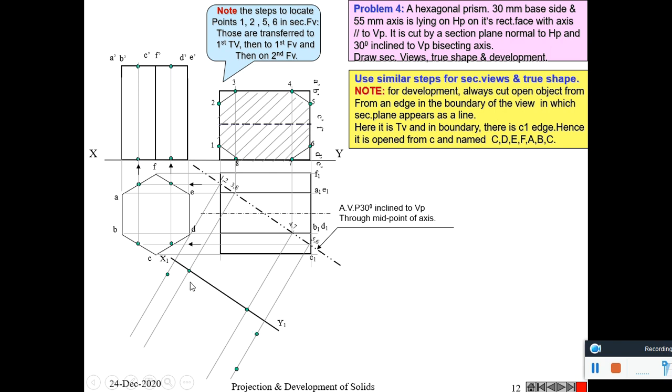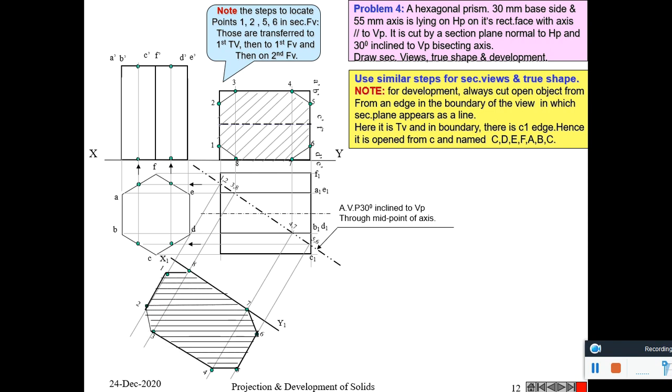This is 8, 1, 2 to 7, 6, etc. So this gives the true shape of the cut section. This is the front view of cut section. It is a development having 6 rectangles.